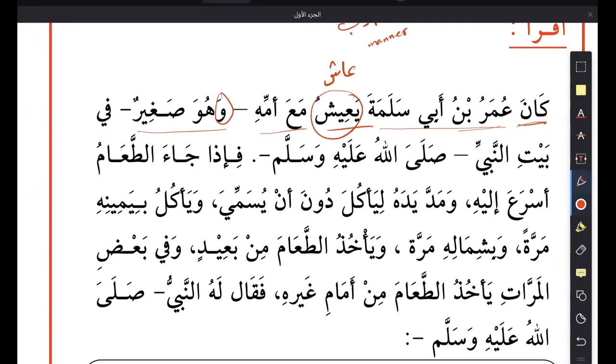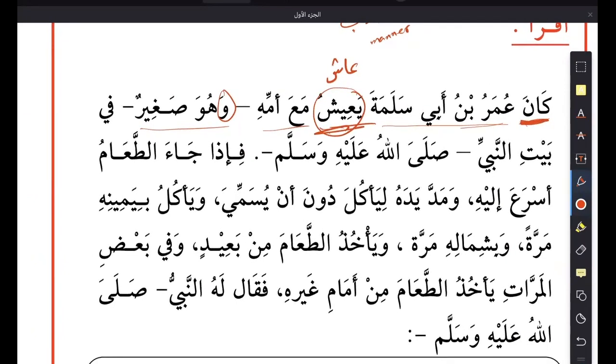You cannot say "he lives," although this is a present tense verb. Asha means he lived, yaish means he is living. Kana makes the whole thing past tense, so you translate as he used to live with his mother.